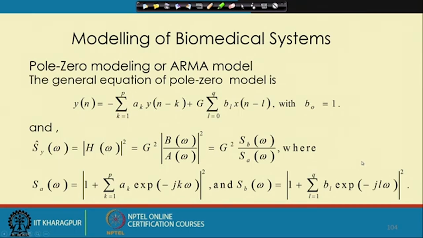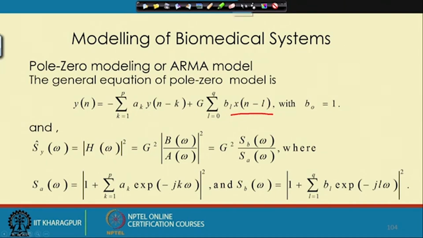It can be given as the square of the transfer function H of omega, because our input x[n], we have said, is either white or an impulse.